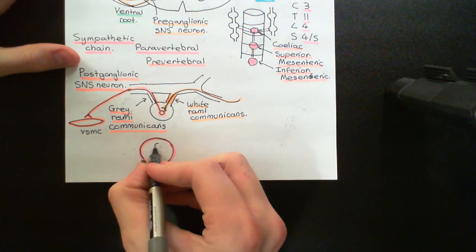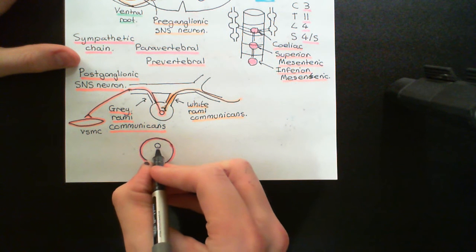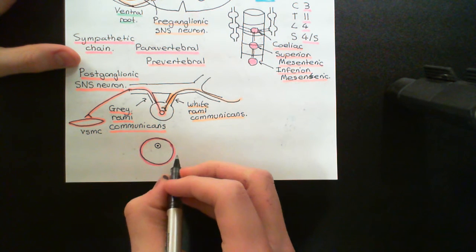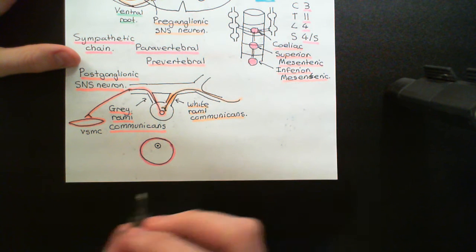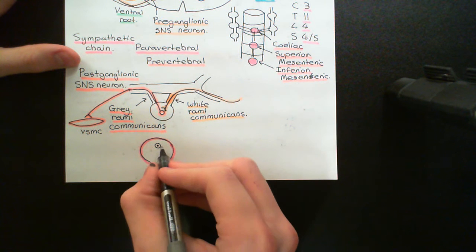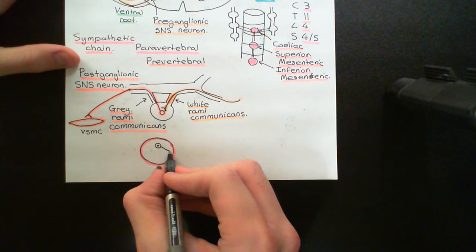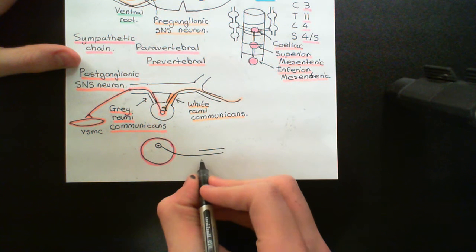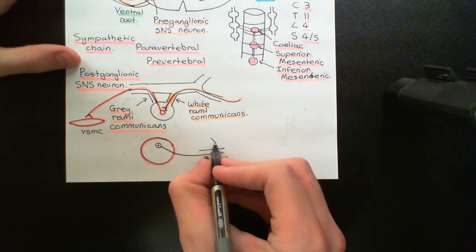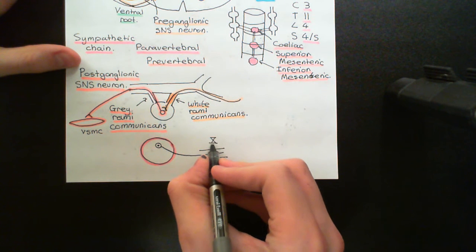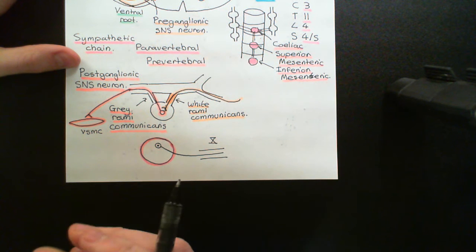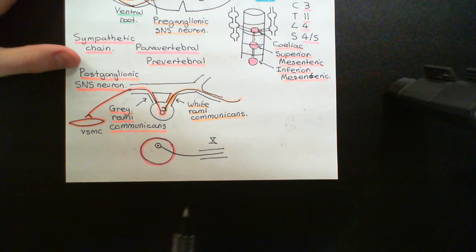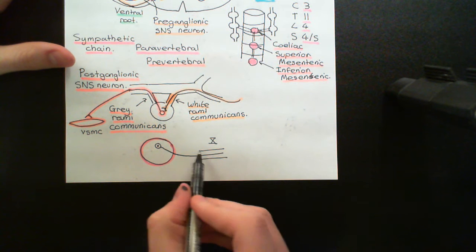So let's say I have it here. This is going to be the cell body of a preganglionic parasympathetic nervous system neuron. It's going to send its axon out, and this axon is going to go into the vagus nerve, cranial nerve 10, which of course we know emerges from between the inferior olive and the inferior cerebellar peduncle, so very close by.